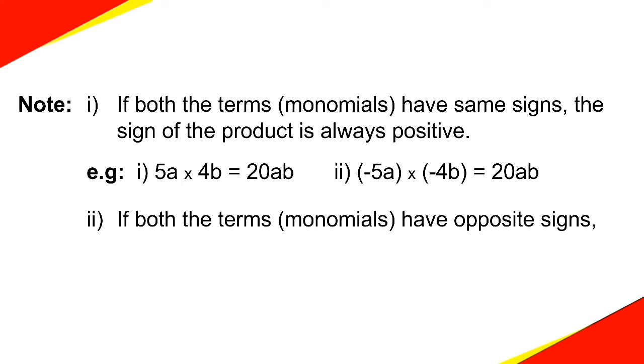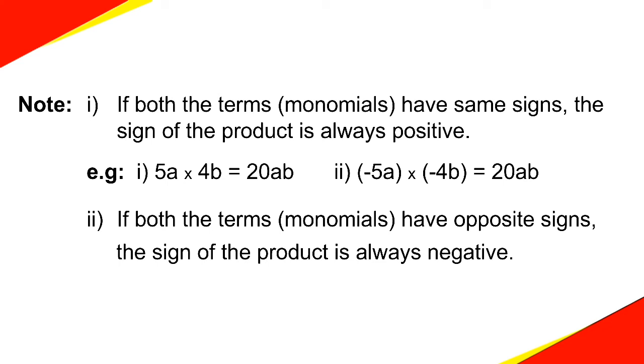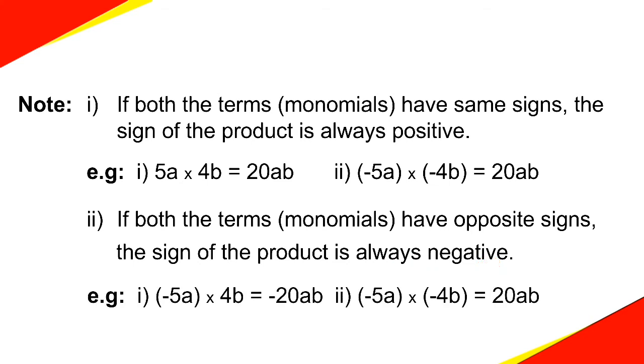Now the second one, if both the terms, monomials, have opposite signs, the sign of the product is always negative. We are going to see some examples.